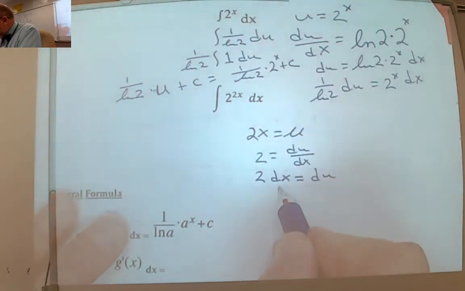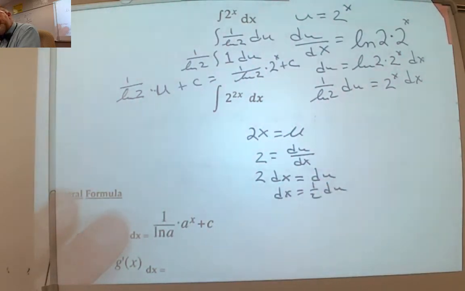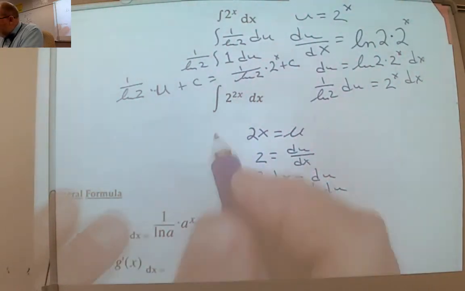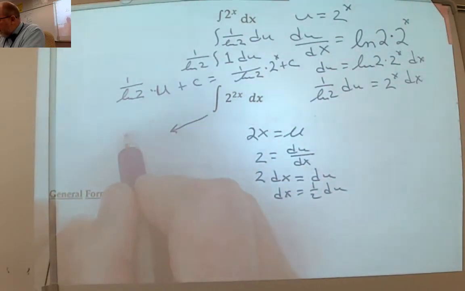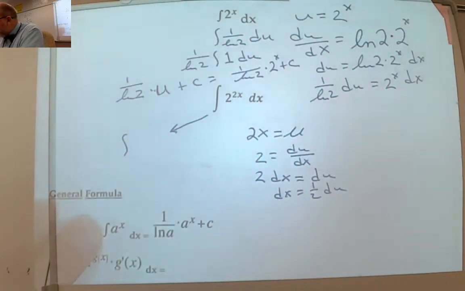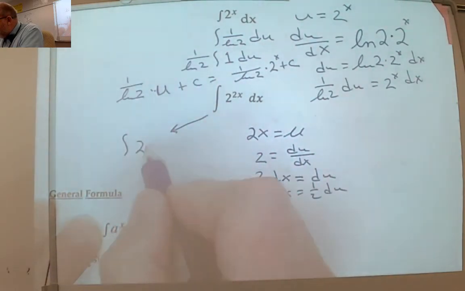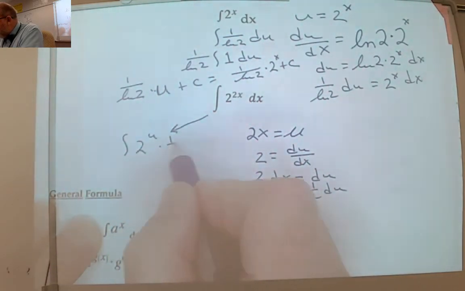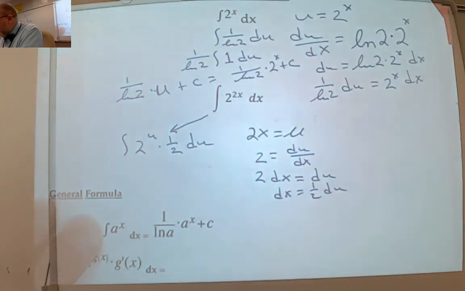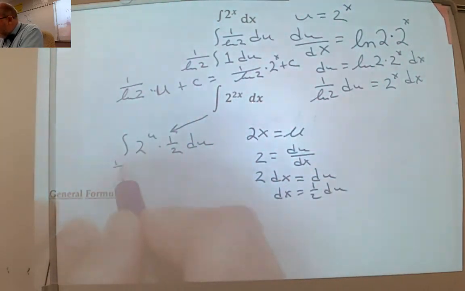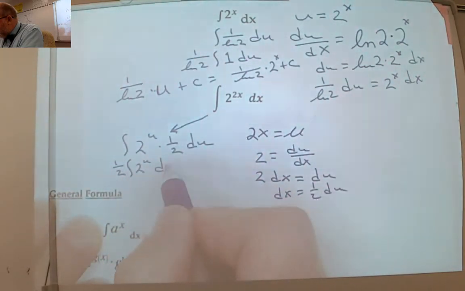So I've got to write dx is equal to 1/2 du. So now what I have is the integral, Michael, of 2 to the u times 1/2 du. That means I have 1/2 times the integral of 2 to the u du.